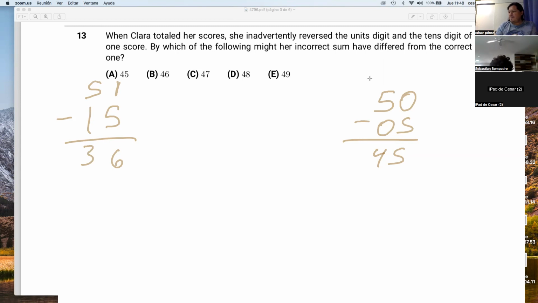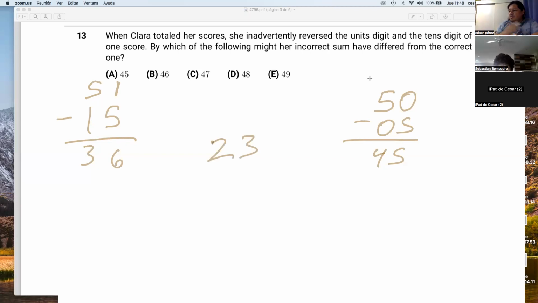Okay. Pick another one. We are exploring the problem. Pick another number. 23.